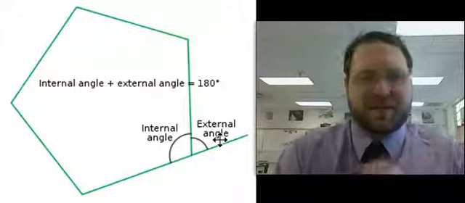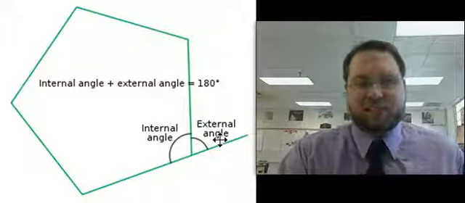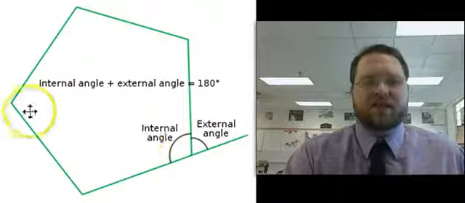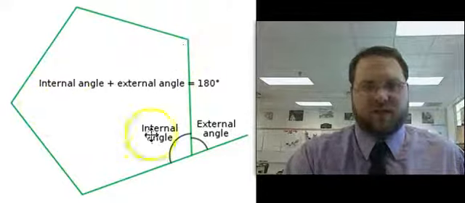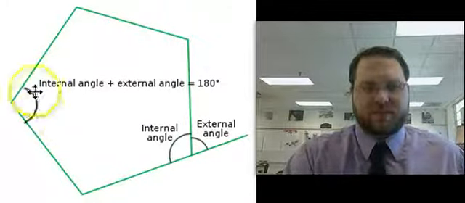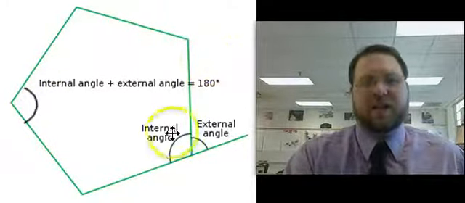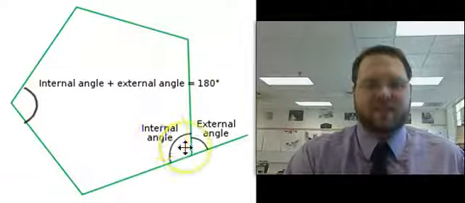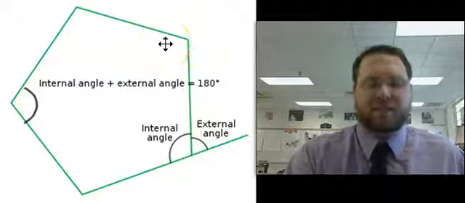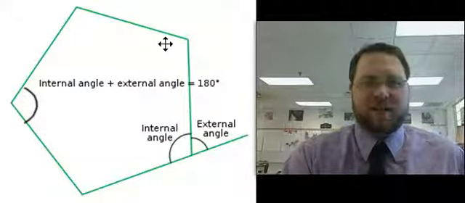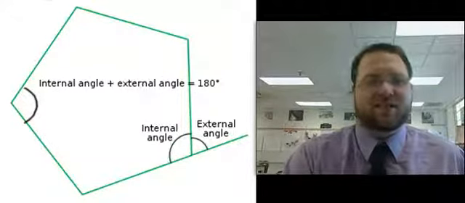Now, here's where we get some slightly more intense stuff. Next, we're going to look at all the internal angles together, all the interior angles. So we can see we have one there, one there, one there, one there. If we add all of those together, we have a way to figure this out, a formula that'll tell us. And this is the formula.